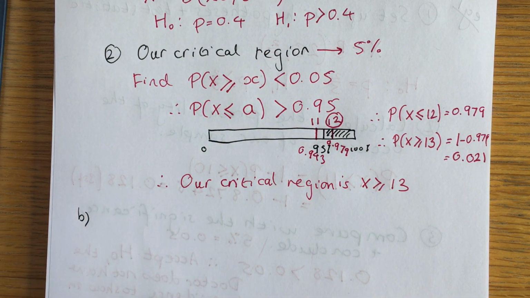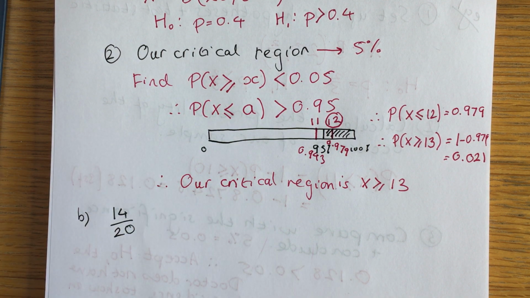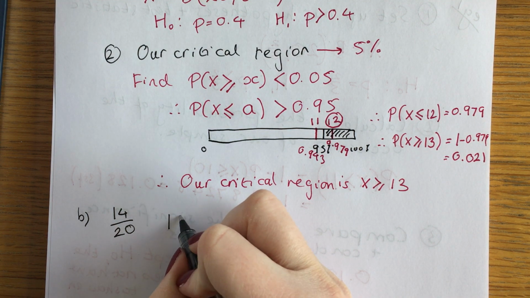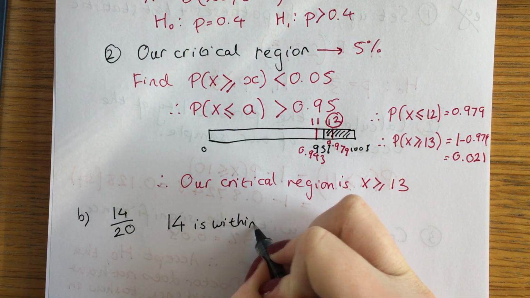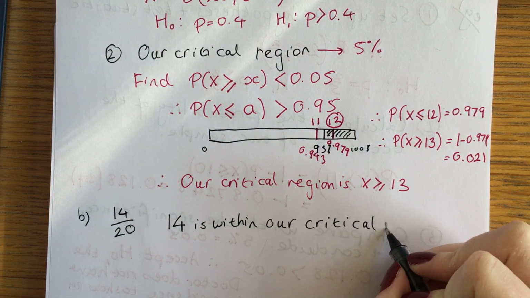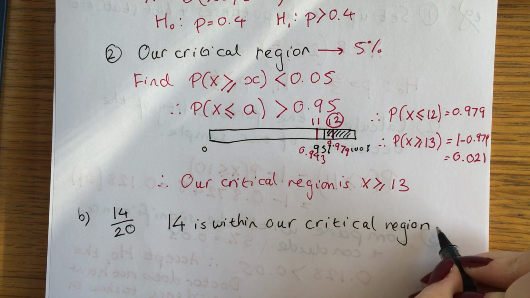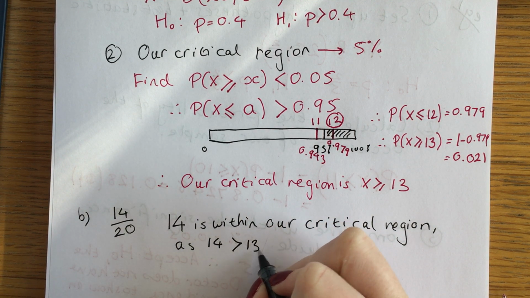So part B: the horticulturist has a sample and finds that 14 out of 20 have germinated. Comment on this observation in light of the critical region. Well, 14 is within our critical region, as 14 is greater than 13.